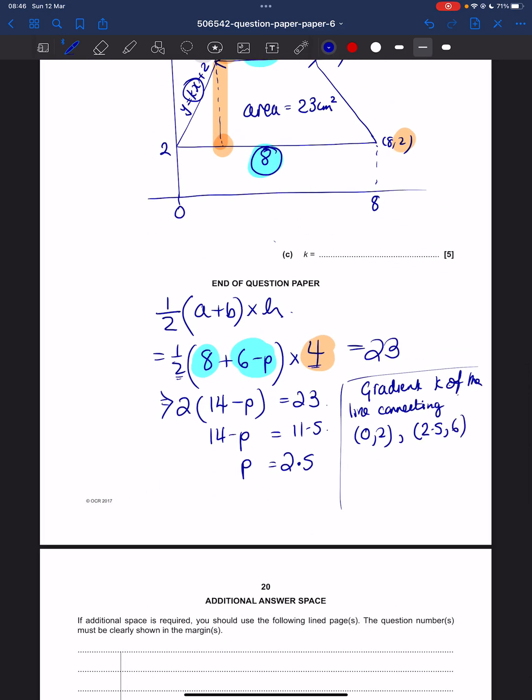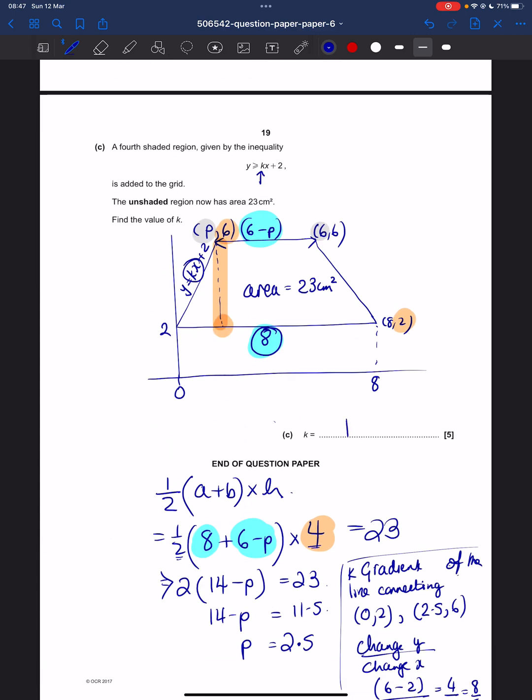We do the change in y over the change in x because it's the gradient. So it's 6 minus 2 divided by 2.5 minus 0. So it's 4 over 2.5, so it's 8 over 5, which is 1.6. Hooray!